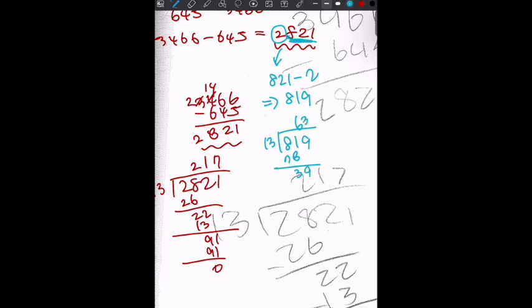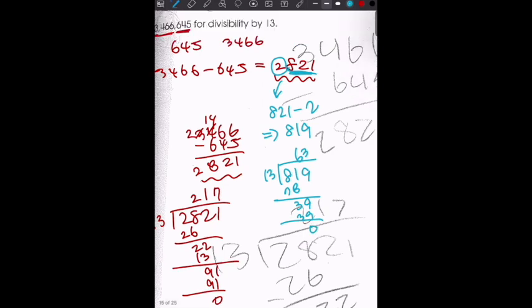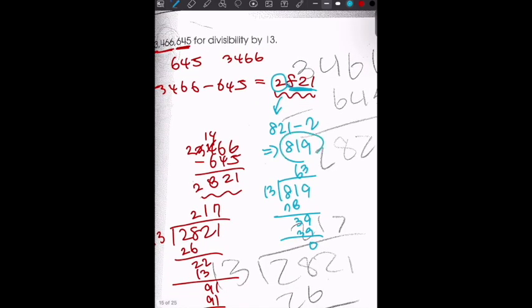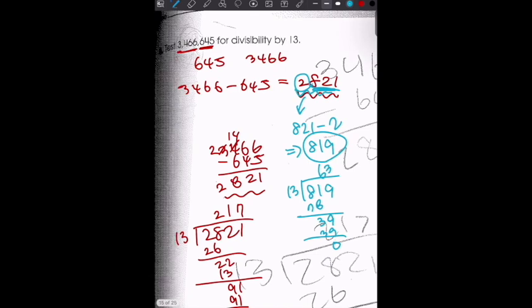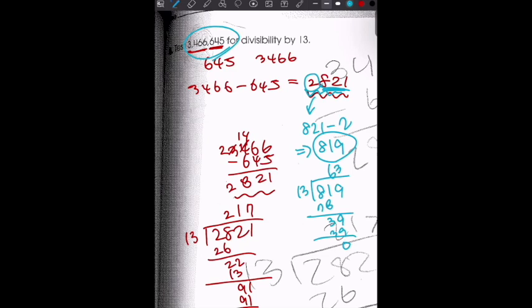So we get 63, so we know that it's divisible by 13. And so since 819 is divisible by 13, that tells us that 2,821 is divisible by 13. So that ultimately tells us that this number is divisible by 13.